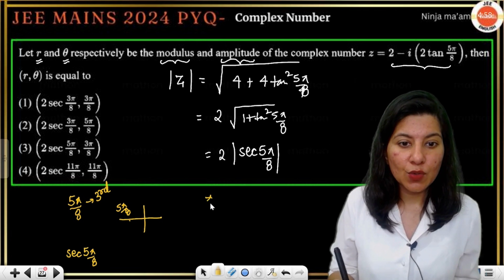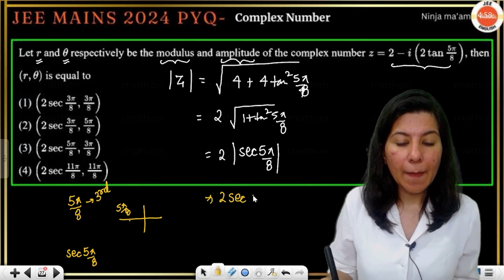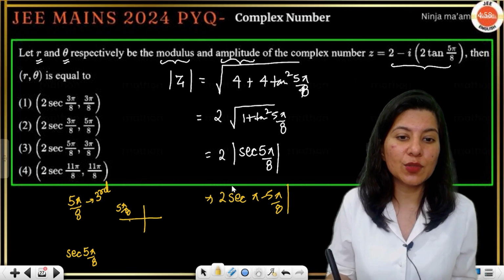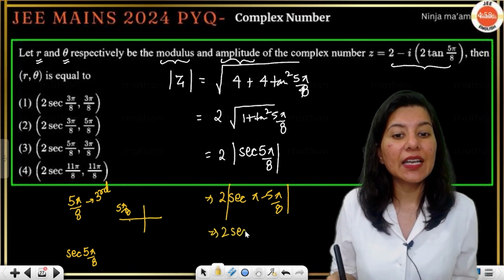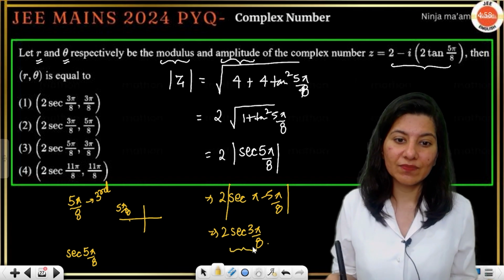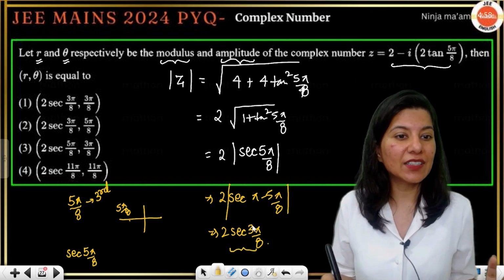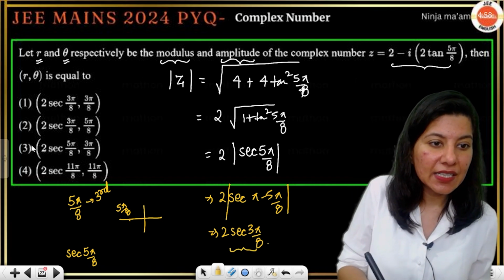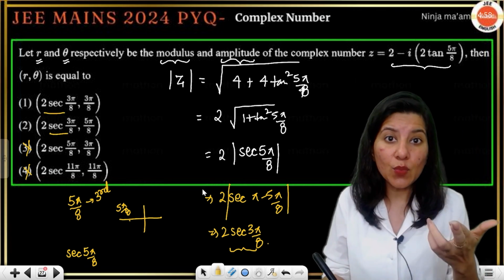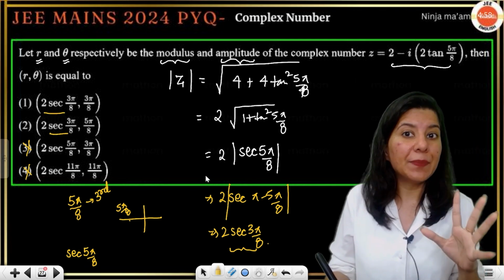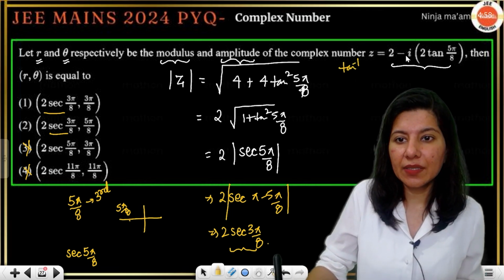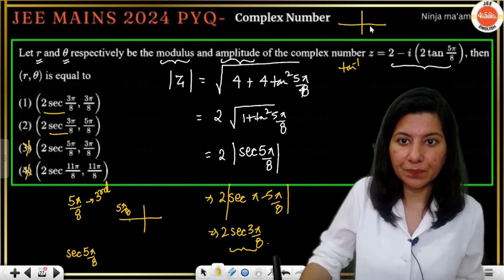Okay. So 2 sec pi minus 5 pi by 8. Let's do that. So this is going to become sec 3 pi by 8. And now 3 pi by 8 comes in which quadrant? First quadrant. So sec 3 pi by 8, that is third and fourth are wrong. Either this or this is correct. Now we need to look for amplitude. Amplitude is tan inverse. So understand.